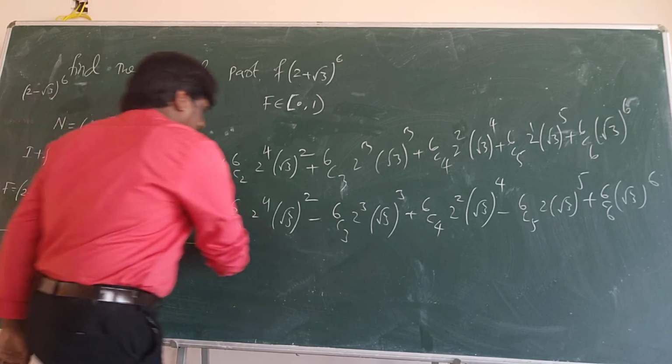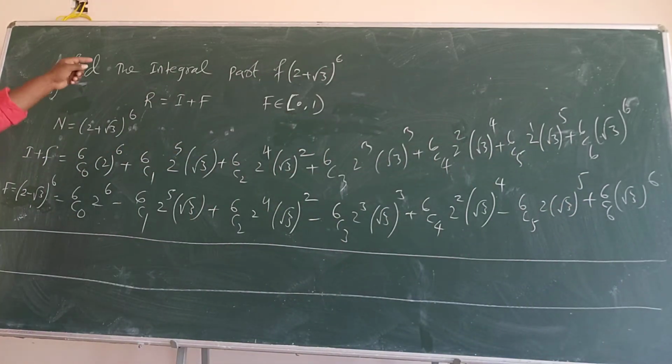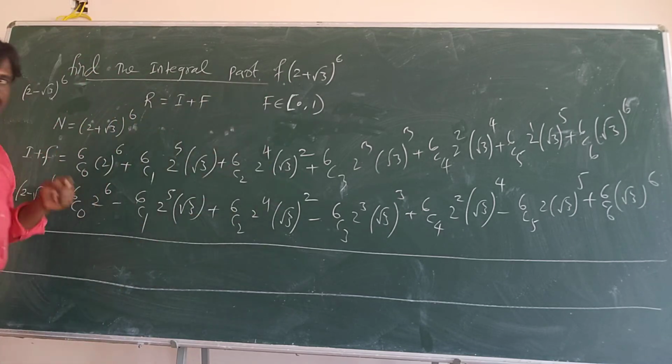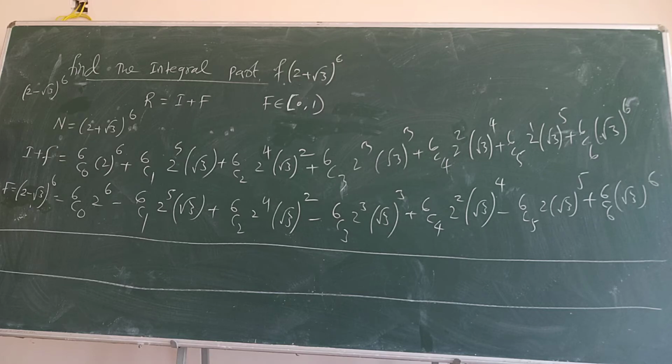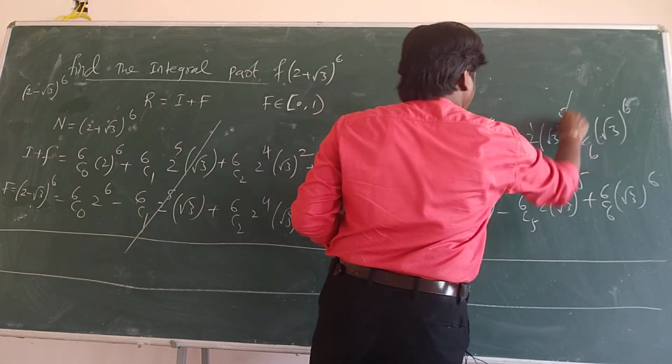Now you have to check how to become rational. Actually, the integral part is asked, so it should be without irrational numbers, it should be rational. So if I do addition or subtraction, what is the benefit? Addition is the benefit. If I do addition here, the irrational terms cancel out.